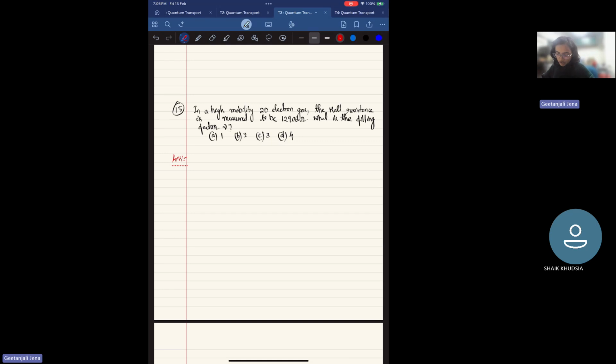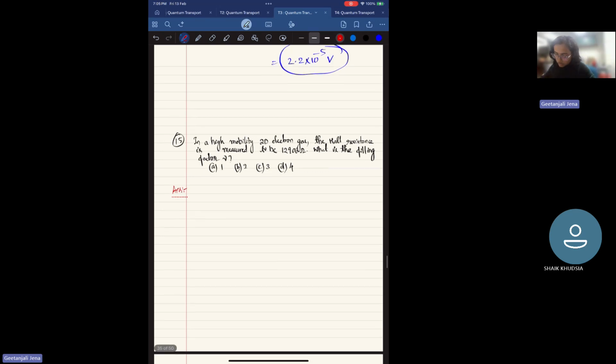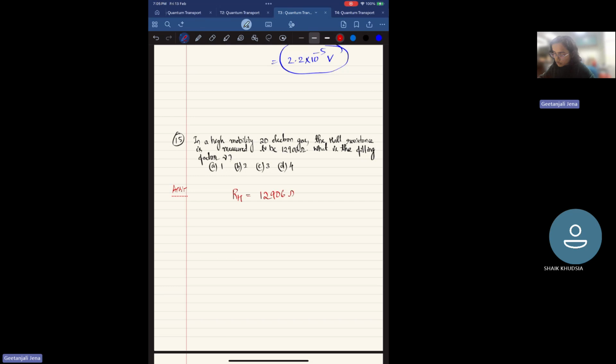Okay, so our first question is: in a high mobility 2D electron gas, the Hall resistance is measured to be R_H equal to 12906 ohm. Then what is the filling factor nu?